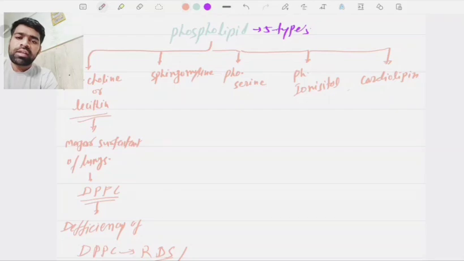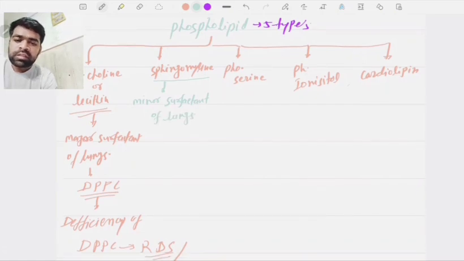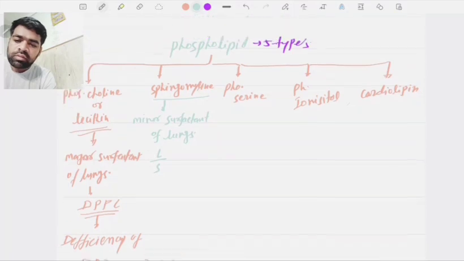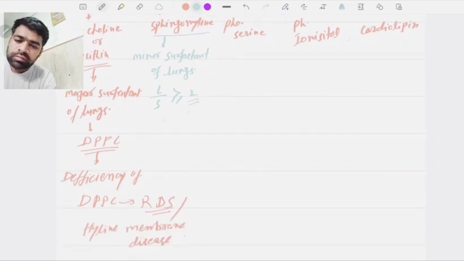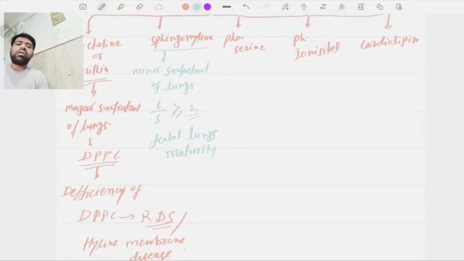Second one is sphingomyelin. Sphingomyelin is also a minor surfactant of lungs. The L upon S ratio, lecithin upon sphingomyelin, greater than or equal to 2 represents fetal lung maturity. So sphingomyelin is also responsible for assessing fetal lung maturity through the L upon S ratio.